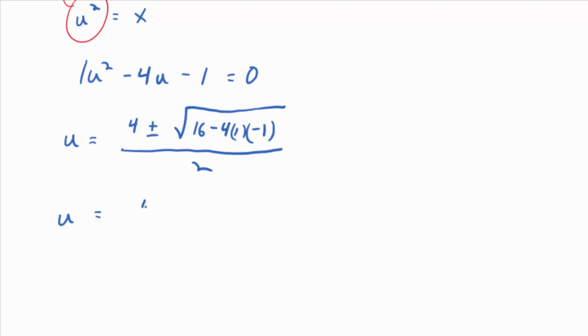Okay, let me simplify. I get u is equal to 4 plus or minus... what do I end up with? Square root of 16, I think it's plus 4, isn't it? So root 20. 4 plus or minus root 20 over 2. Root 20 now simplifies to be 2 radical 5. Do you believe that?